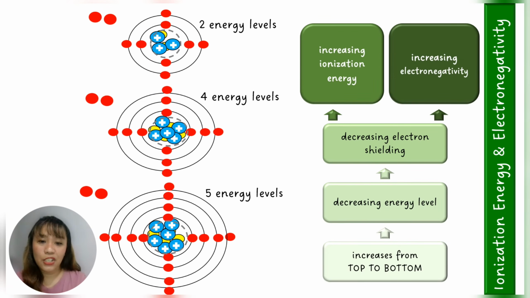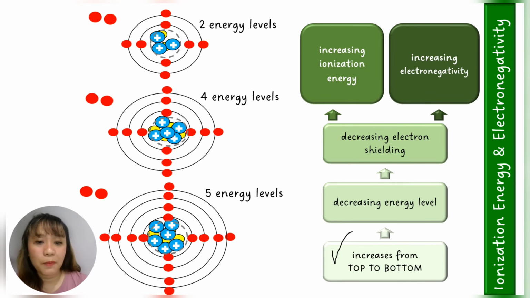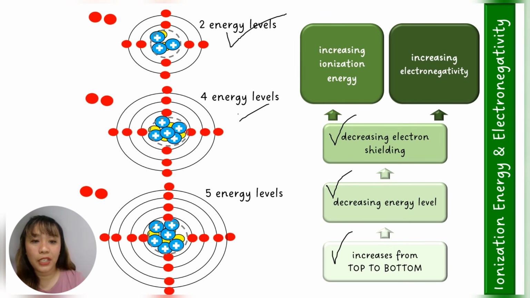The ionization energy and electronegativity are increasing from bottom to top of a group because of the decreasing energy levels. Jutay ang electrons, therefore, hinay ang electron shielding, making the nuclear pull strong. Then, sa ining example, duha ka energy levels, diri 4, diri 5.